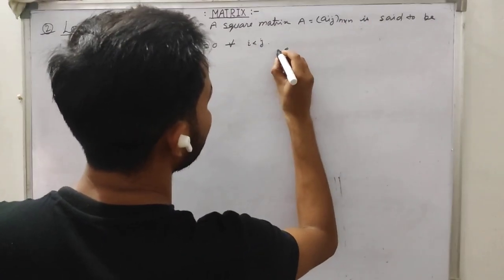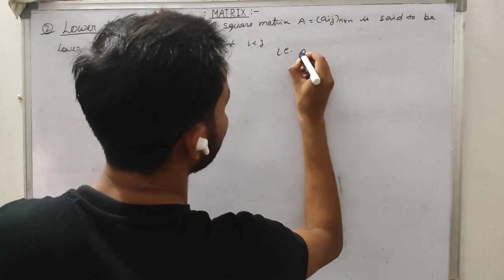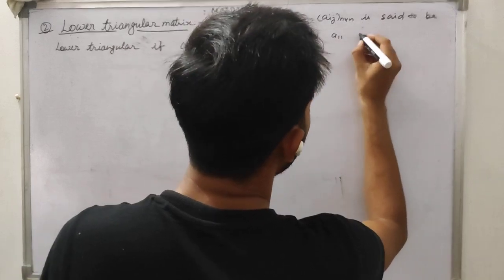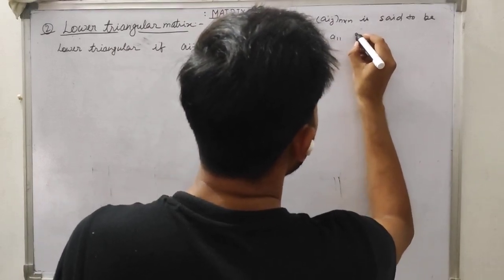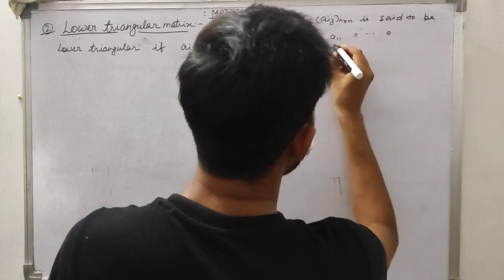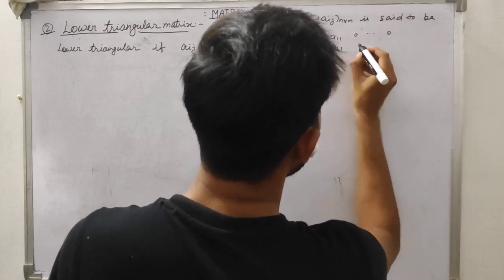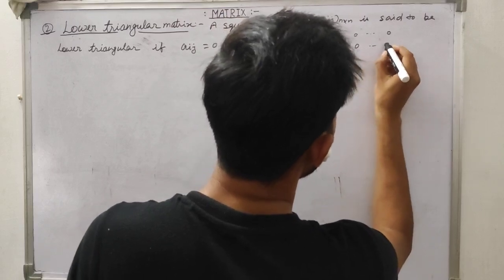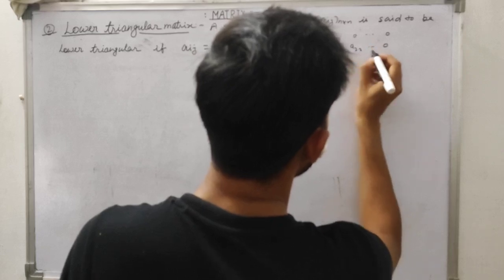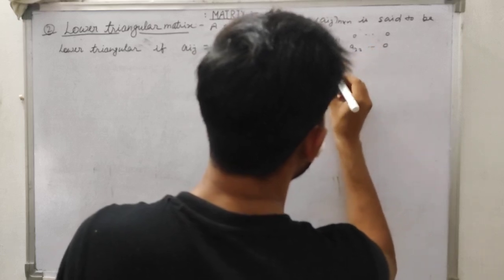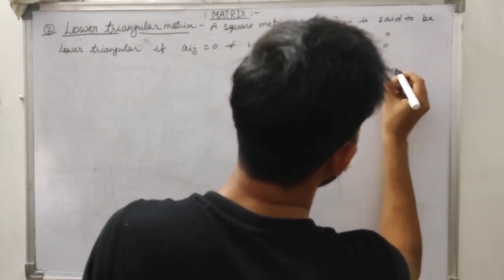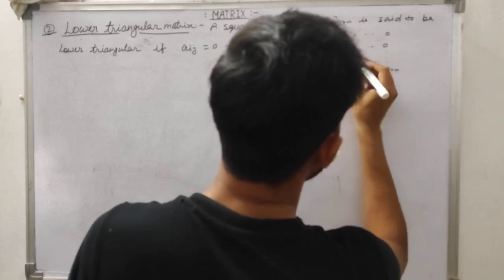That is, A is equal to A11 0 0, A21 A22 0, similarly An1 An2 ... Ann.